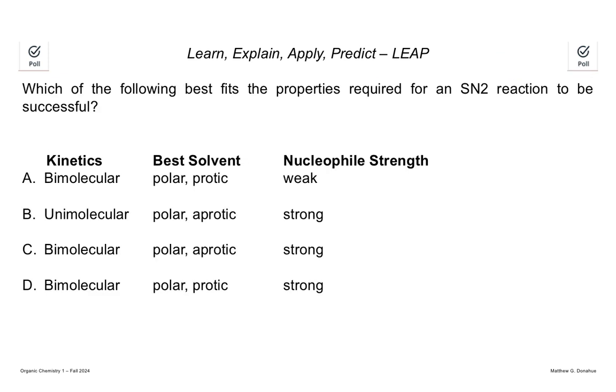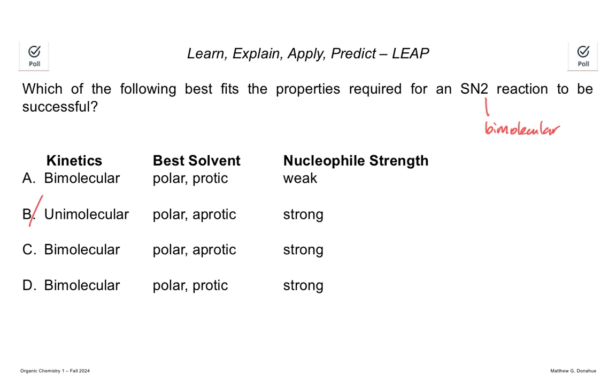So in terms of the kinetics, the solvent, and the nucleophile strength, what is required for SN2? The 2 tells us that the kinetics are bimolecular, so we could eliminate B at this point.